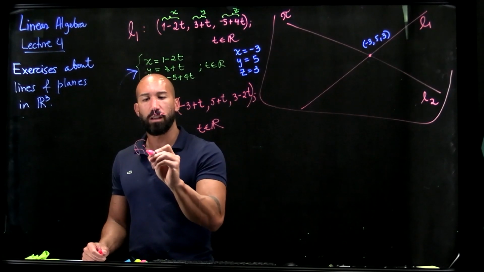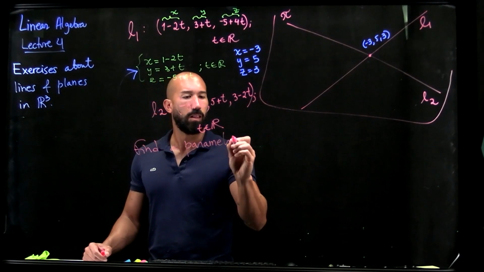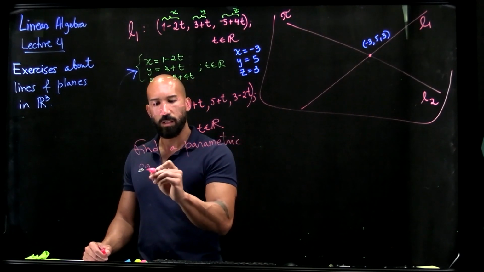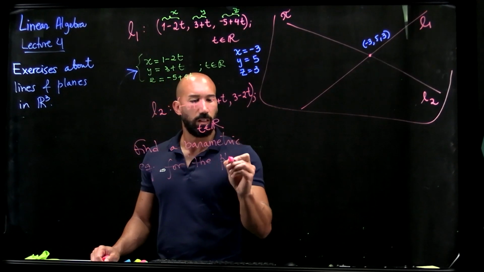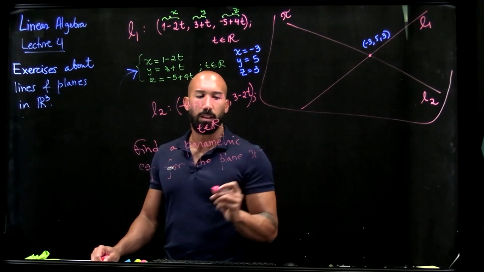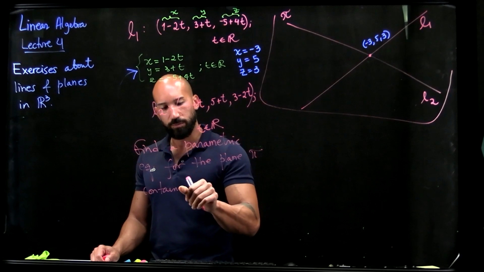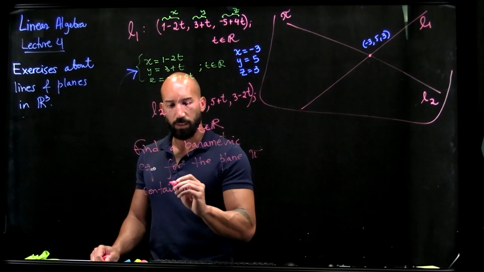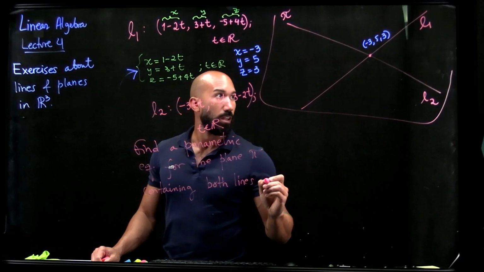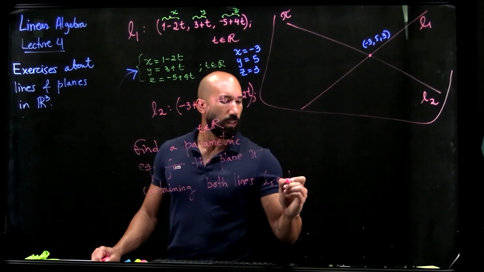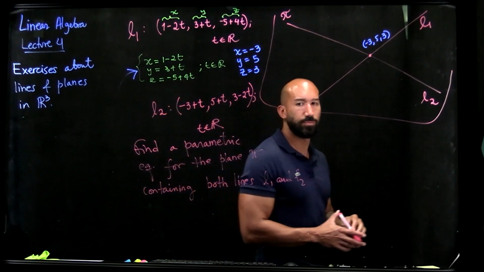So find a parametric equation for the plane pi containing both lines L1 and L2. Is that okay?